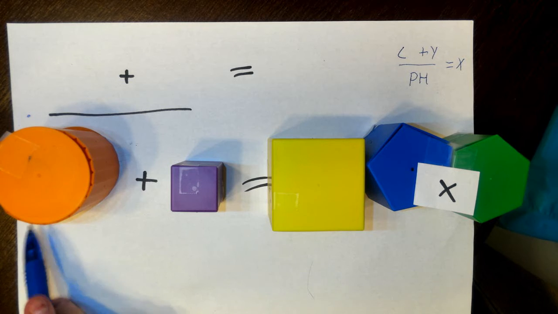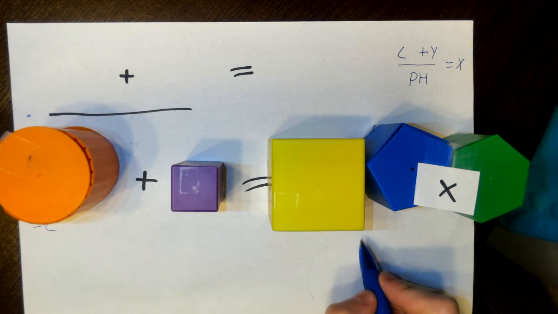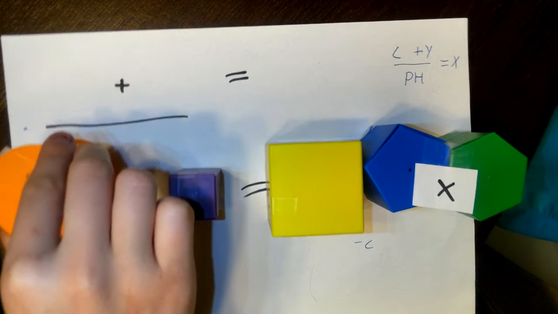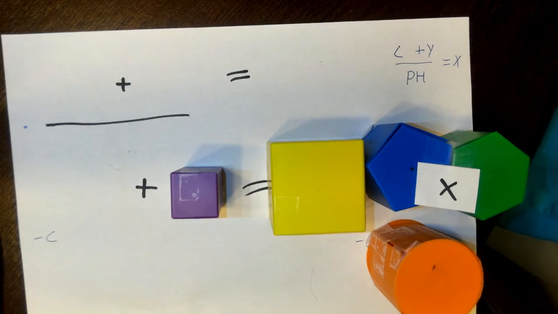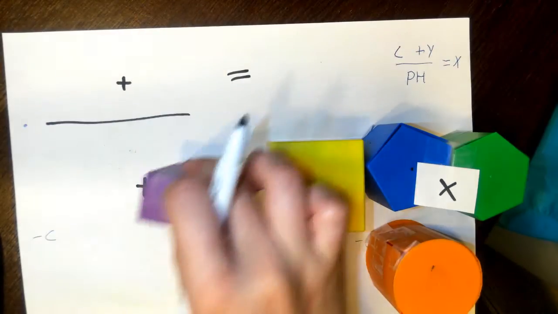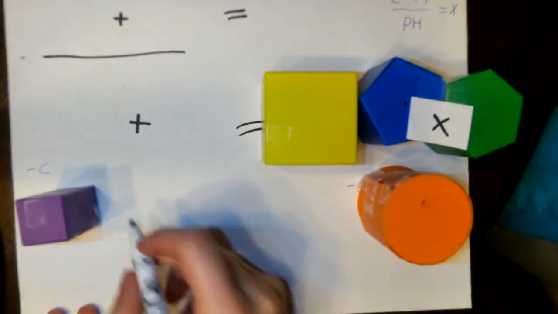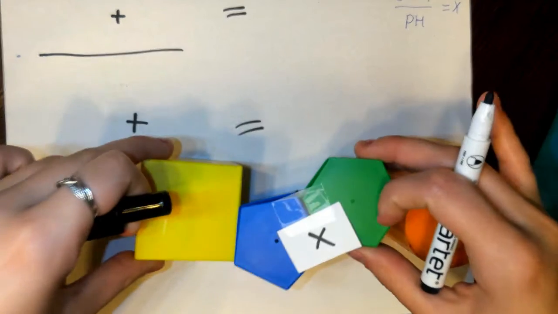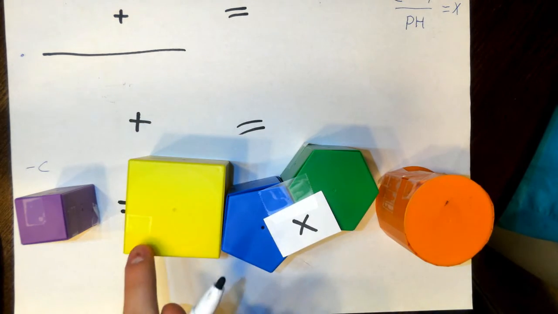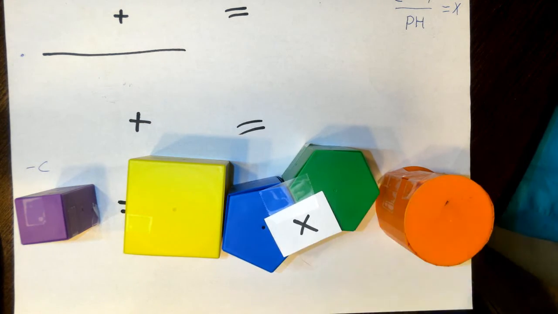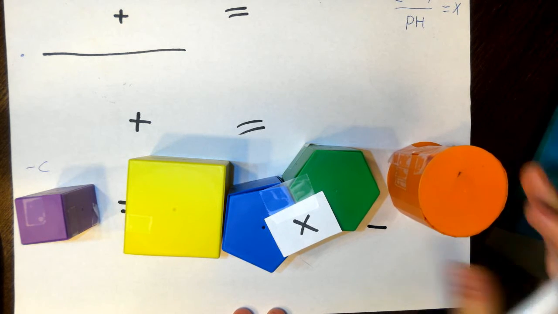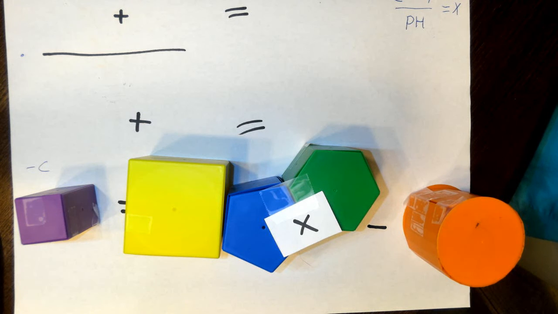So we're going to go ahead and subtract C from both sides. So if we subtracted C, we would take away the C and move it to this side. So we would have our purple box is equal to X times P times H minus our orange cylinder.